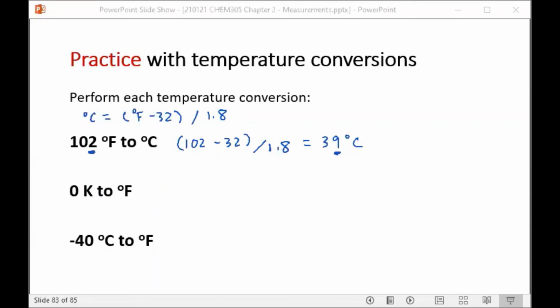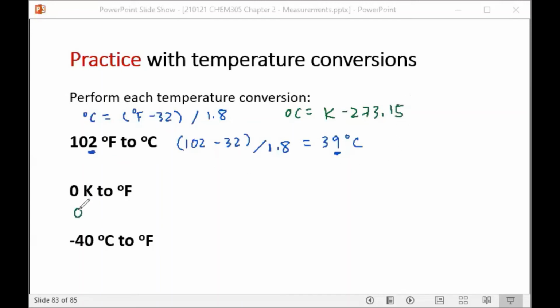Okay, next one. We have 0 Kelvin and we want to convert it to Fahrenheit. We don't have a direct conversion between Kelvin and Fahrenheit, so we're going to convert Kelvin to Celsius first and then Celsius to Fahrenheit. So to go between Kelvin and Celsius, degrees Celsius equals Kelvin minus 273.15.